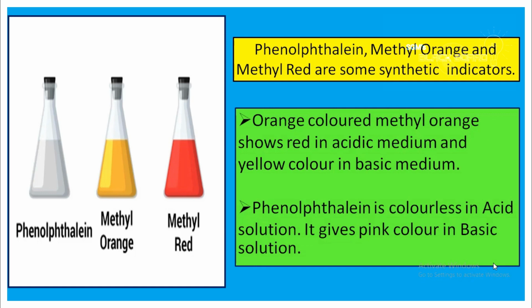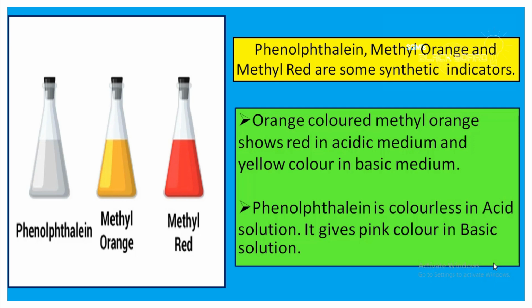We know that orange colored methyl orange shows red in acidic medium and yellow color in basic medium. Phenolphthalein is colorless, so it remains the same in acidic solution, but it gives pink color in basic solution.